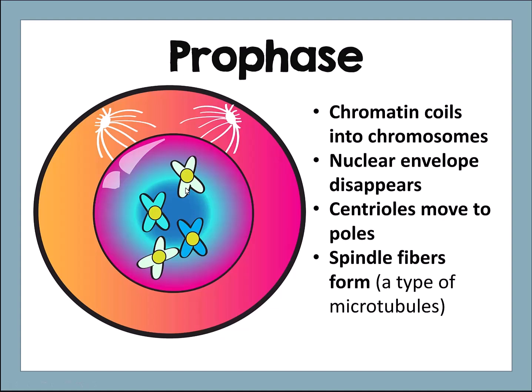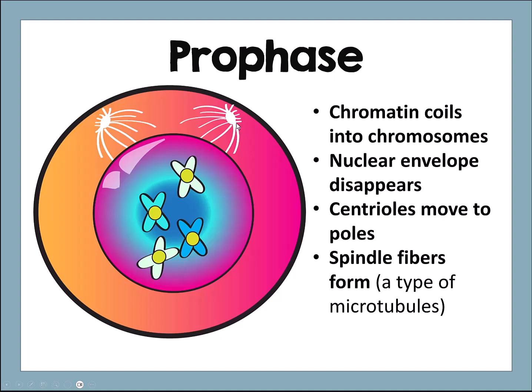They've already duplicated during interphase, and each of these sides of the chromosome is called a sister chromatid, and they are identical copies of each other. Also during this process, the nuclear envelope begins to disappear. So remember, there's a membrane around the nucleus, and that begins to degrade, and that's going to release those chromosomes so they can move around the cell more freely.